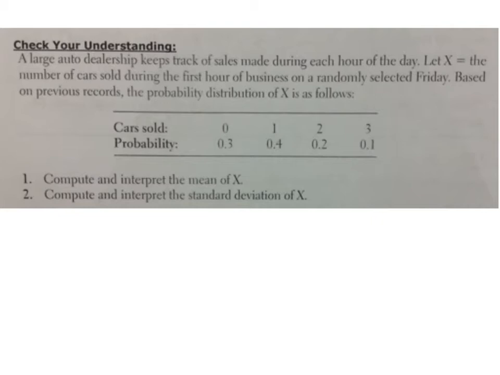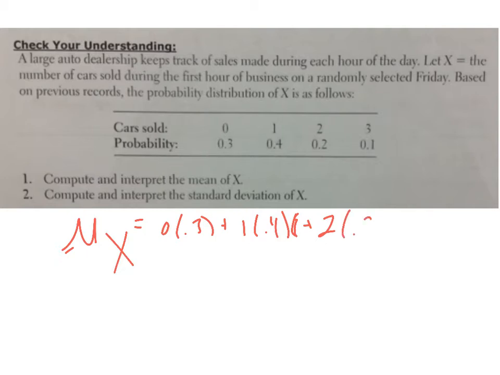I'm looking for the mean of X, which is going to be my value times its probability, plus value times probability, plus value times probability, plus value times probability, which is going to give me 1.1.